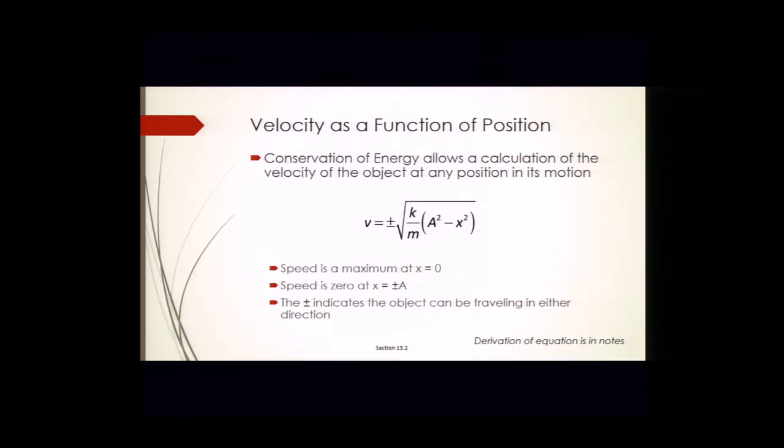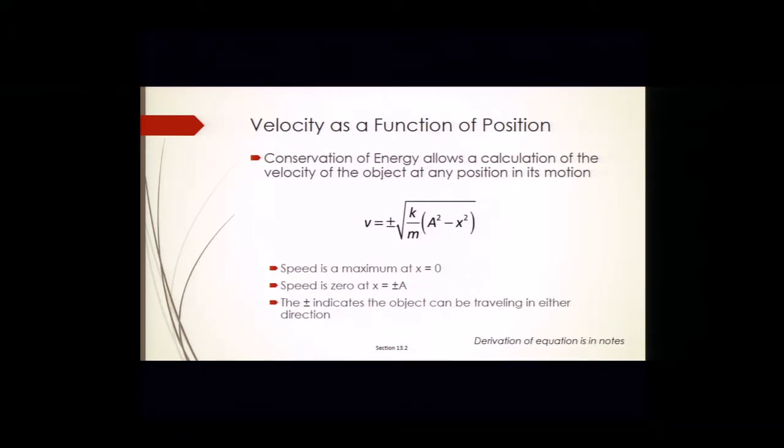Then my velocity was equal to minus omega a sine omega t, and my acceleration was equal to minus omega squared times my amplitude cosine omega t.